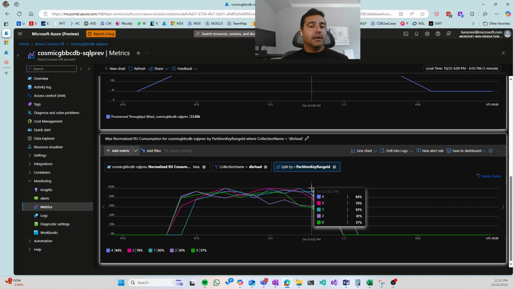So bear in mind that 100% normalized RU is not always bad. Just take a step further and combine provisioned throughput with your request profile by operation type and status codes to get a deeper sense of whether it's a good or bad normalized RU.